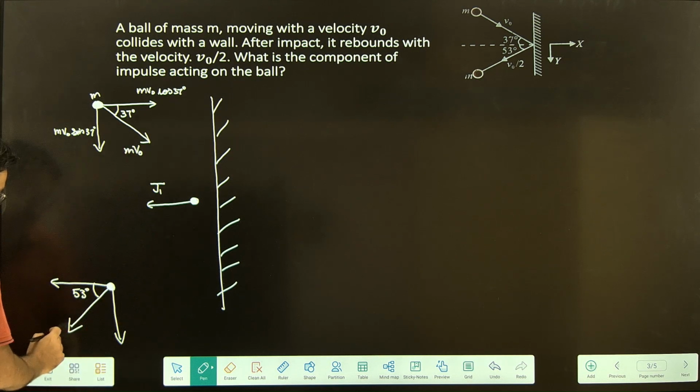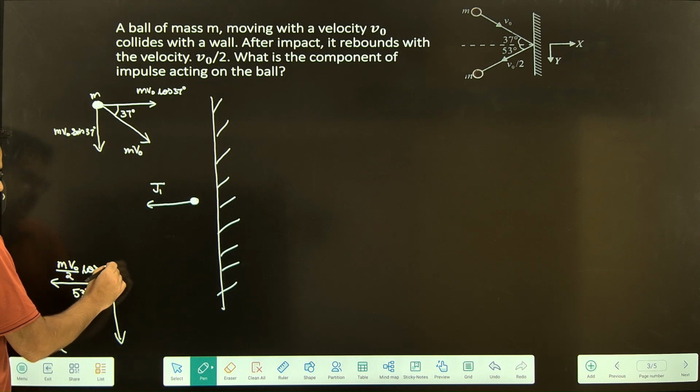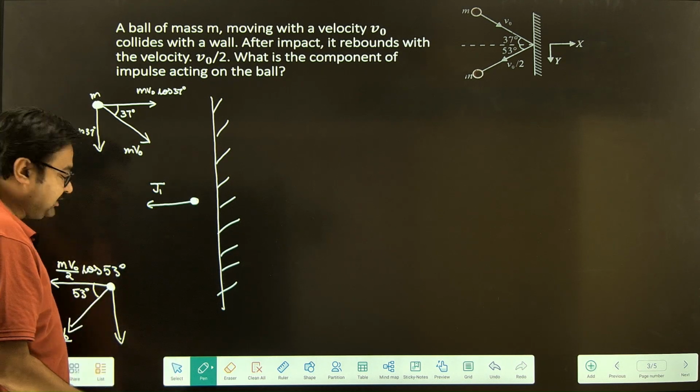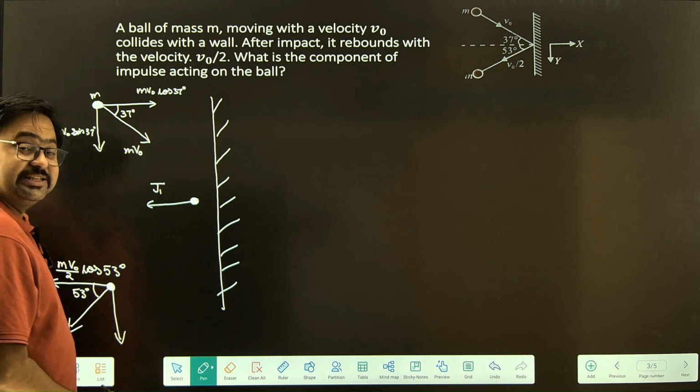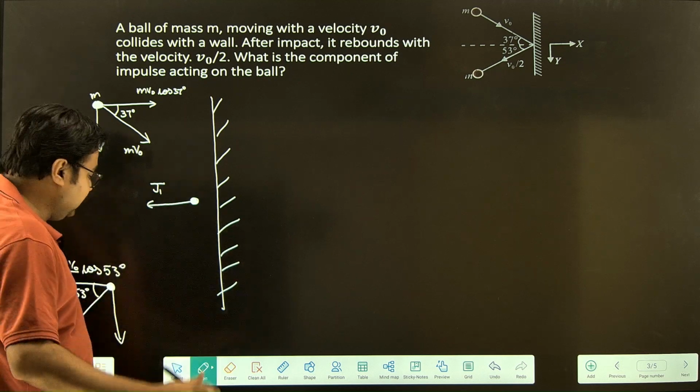The momentum here is mv naught divided by 2. That's the momentum now. This can again be resolved as mv naught divided by 2 cos of 53 degree along the x-axis. This momentum is negative, which is along the negative x-axis. We will write that in the equation.